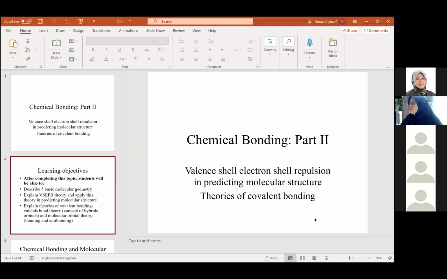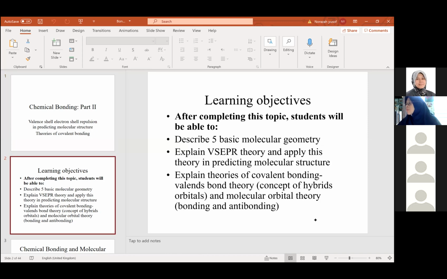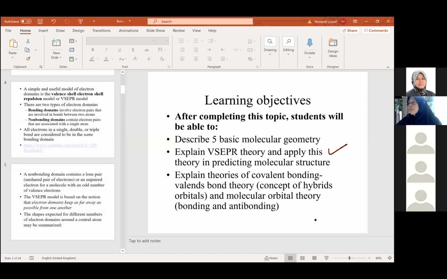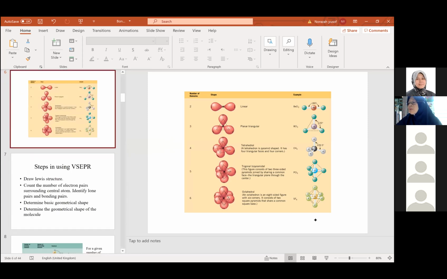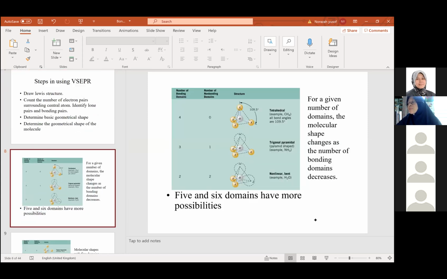For part 2, we discussed VSEPR, right? You have to define what VSEPR is, and you have to know about this table. You have to know, when you have 4 bonding domains and 0 non-bonding domains, what the geometry is and what the molecular shape is.